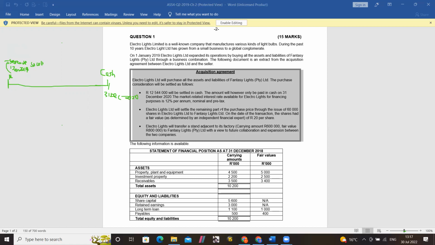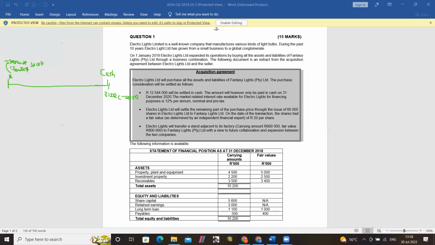And then Electrolytes will settle the remaining part of the purchase through an issue of shares, right? Don't forget, we are talking about the consideration here. They're telling you how it will be settled, right? With the issue of 60,000 shares in Electrolytes to Fantasy Limited, right?